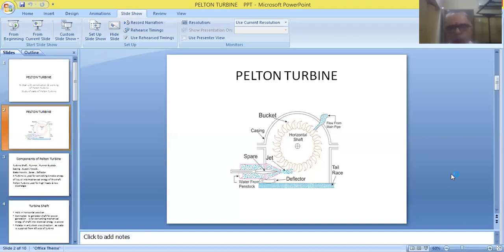And also this will be deflecting the excess quantity of water, the unwanted quantity of water, onto the tail race. So therefore, it is called a deflector. These are the various components of the Pelton turbine.